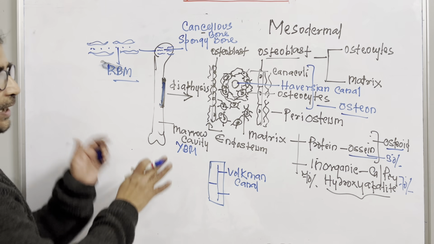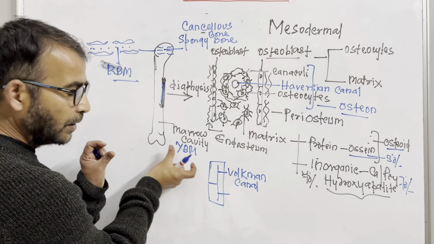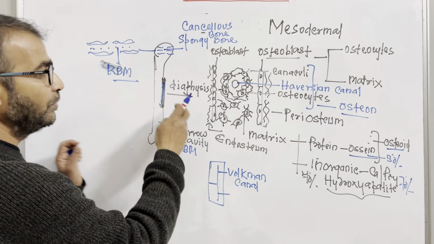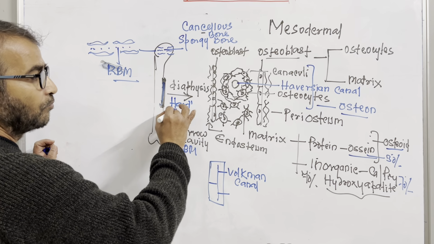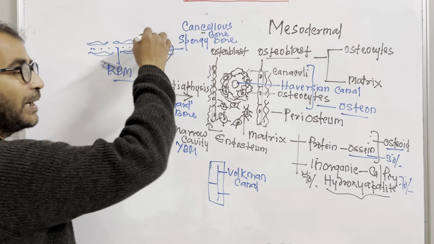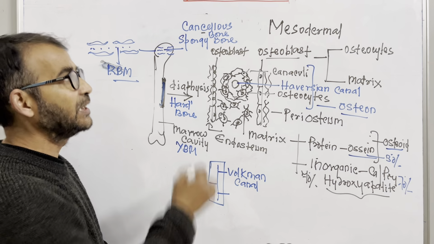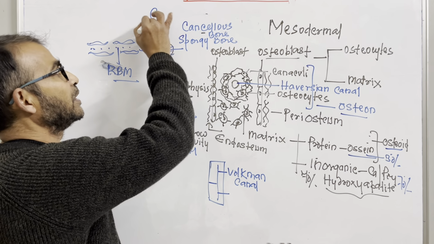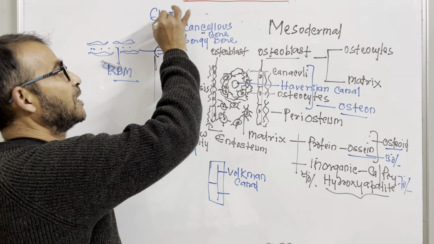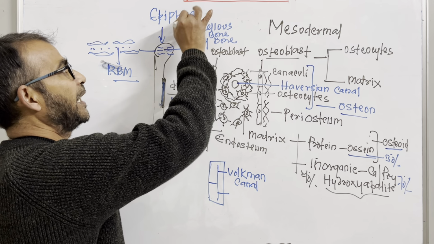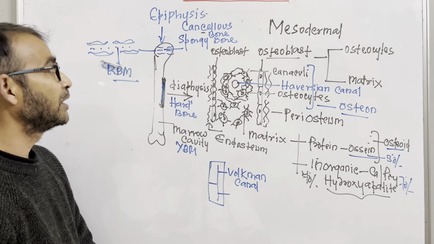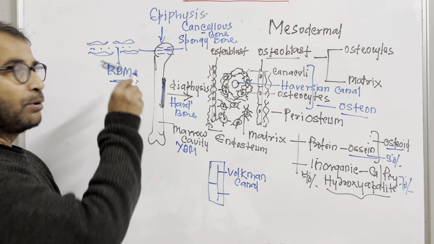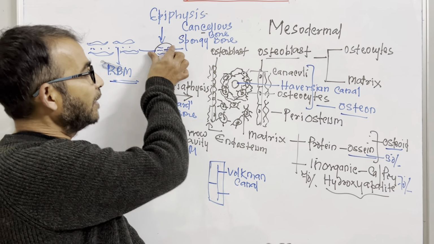So here you have two kinds of bones. One is this hard bone, which is present inside the diaphysis part. And one is the spongier cancellous bone. This is the end of the bone, which is termed as epiphysis. So epiphysis is basically the end of the bone, which contains the spongier cancellous bone, and it contains red bone marrow inside.